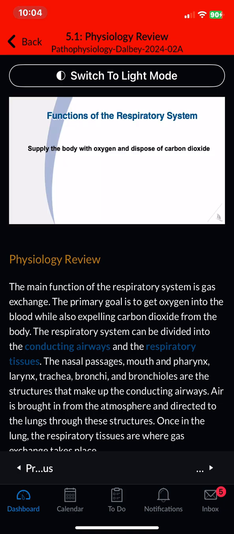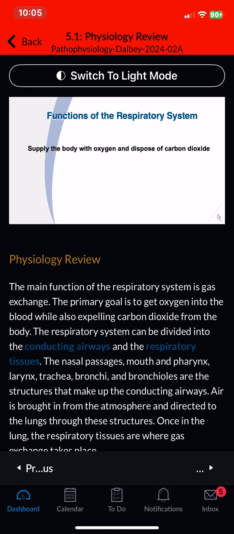The respiratory system includes the two lungs in the thoracic cavity, the conducting airways that allow for exchange of the gases, and the associated blood vessels. The main function of the respiratory system is to supply the body with oxygen for aerobic respiration, or the generation of ATP, and dispose of the carbon dioxide generated from the metabolic processes of the body.